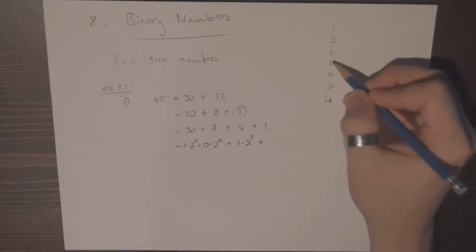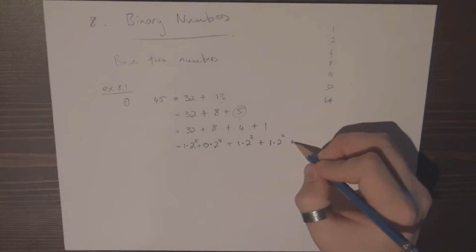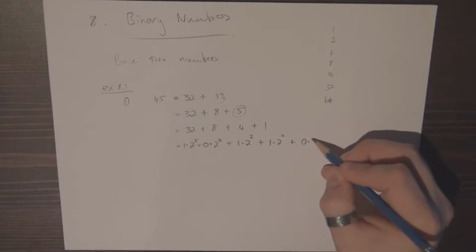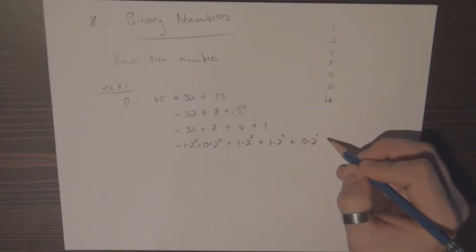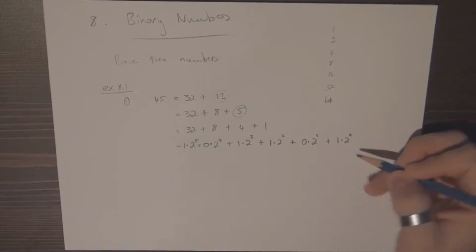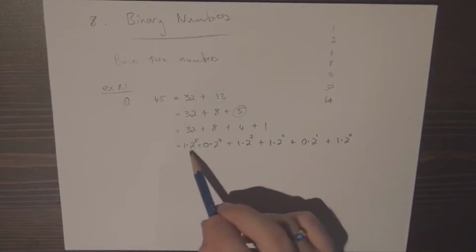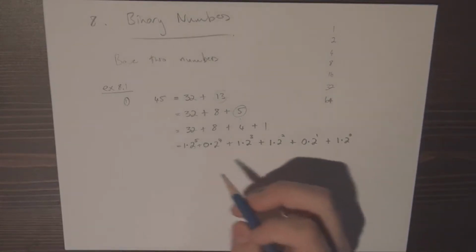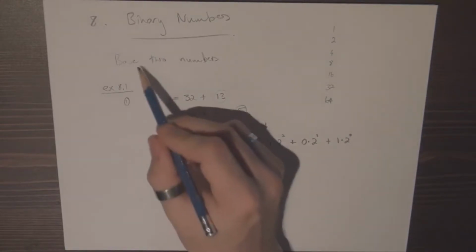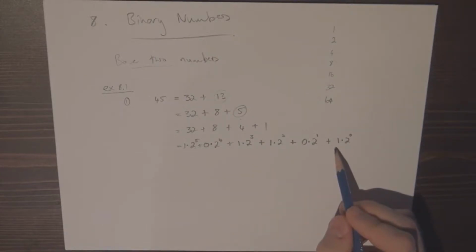I do need to use a 4. Then I skip 2, so I have 0 2's, which is 2 to the 1. And I have 1 left, or 1 group of 2 to the 0. So all of them are powers of 2. Some are there and some are not. And because my base is 2, the only numbers that can be here are 0 or 1.